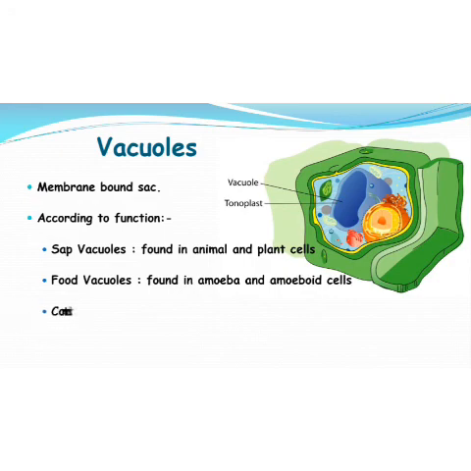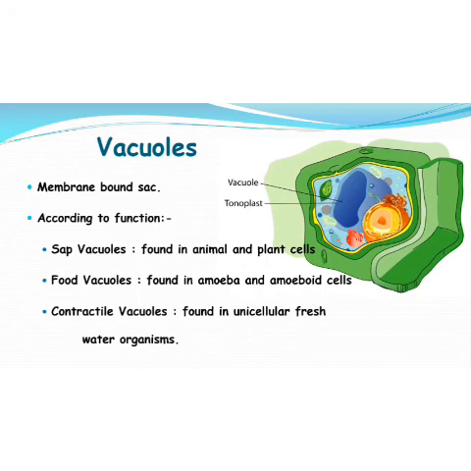The next is contractile vacuoles, which are found in unicellular freshwater organisms, right? You can see them especially in amoeba and paramecium. We will see them with the help of figures in the further slides.